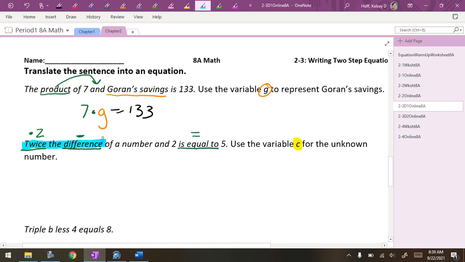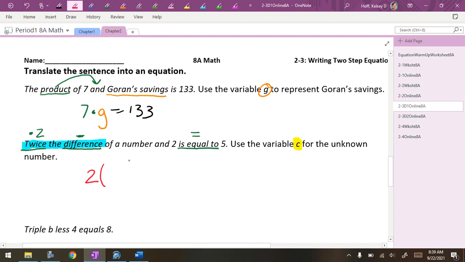Jack is 100% correct that I want to take something times 2. So I start with a 2, and then I have to put in parentheses what I'm subtracting. What am I subtracting? Careful. You have to have 2 things that you're subtracting.